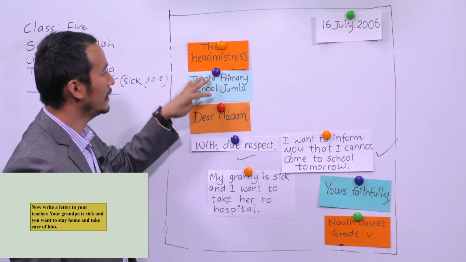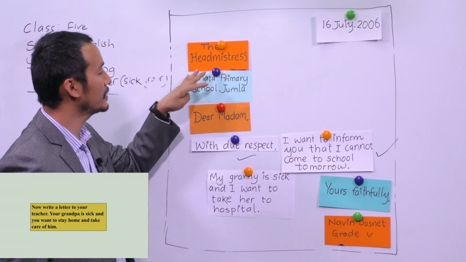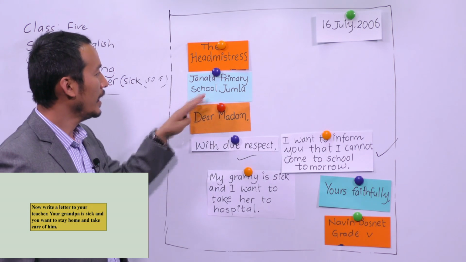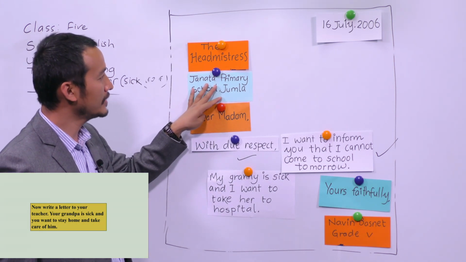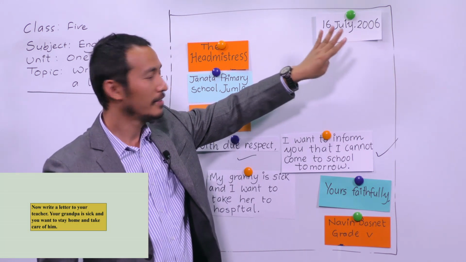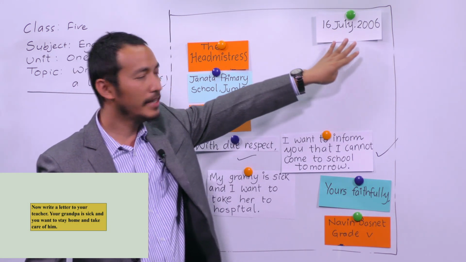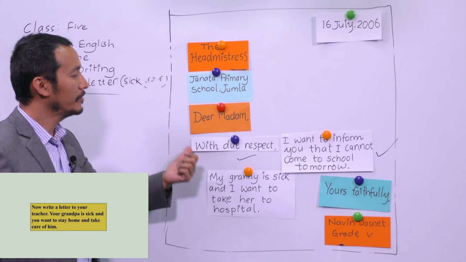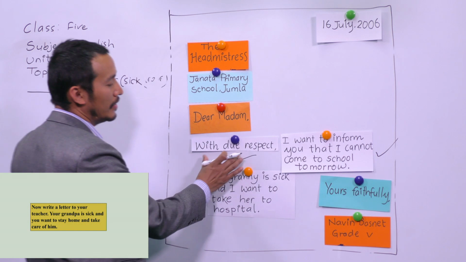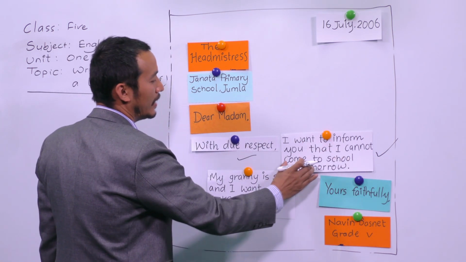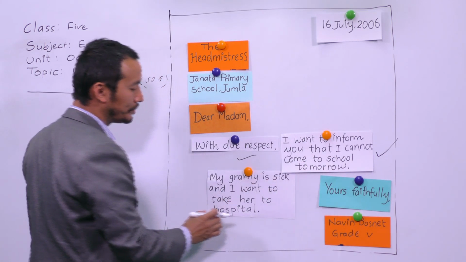You can change the headmaster or headmistress to maybe your class teacher or head teacher, and you can change the address. You have to change your date, because it's an old date here. Now you can write the recent one, and you can follow the other things like, with due respect, I want to inform you that I cannot come to school tomorrow.